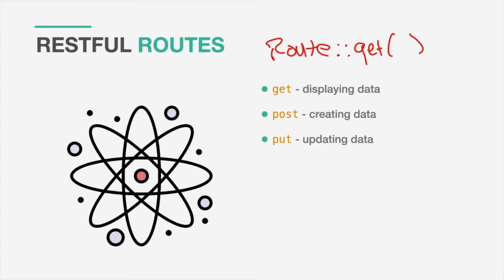Put, for example, is for updating data. So we would use the put method when our edit form has been submitted, it would submit to a put method that would point to that update controller. And then the last one is our delete. And the delete method, of course, will be used for deleting data.